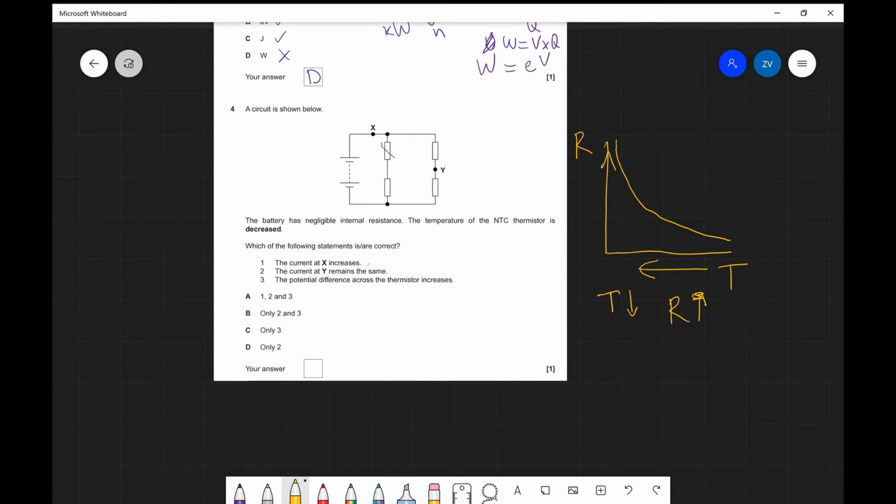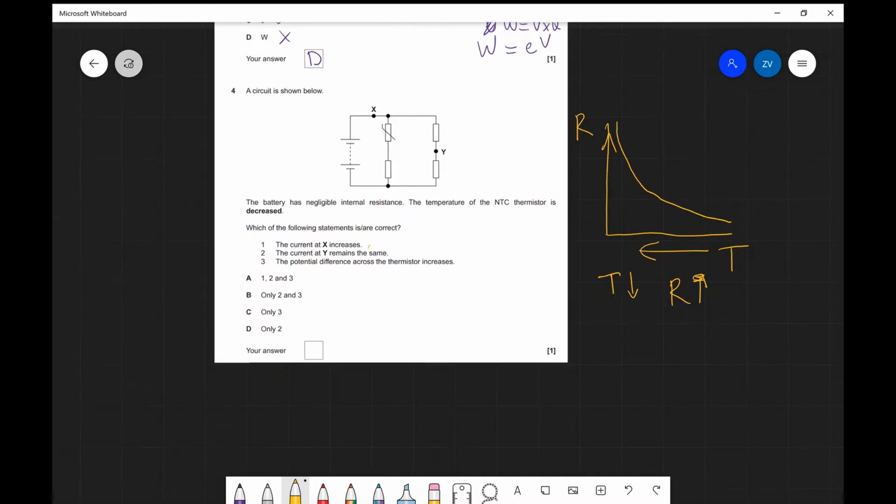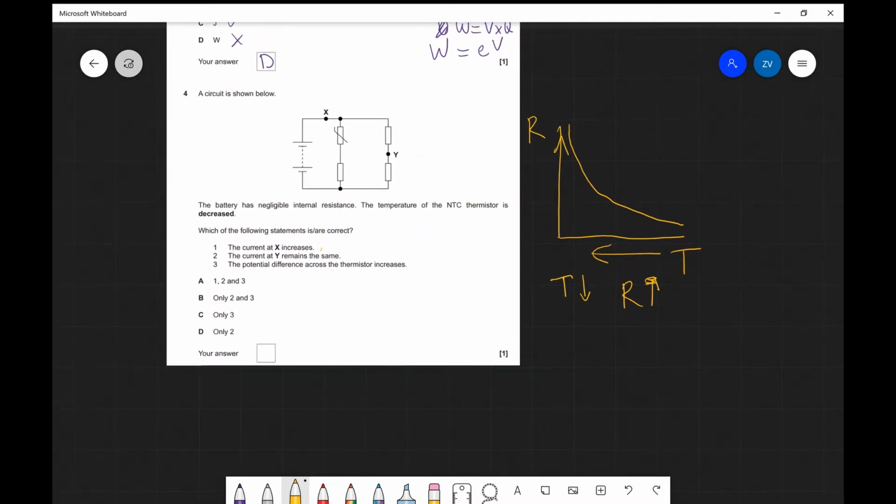Okay, let's go through all of them. The current at X increases. Well, let's have a think about what's happening to the resistance as a whole in the circuit. Because the temperature is decreasing, the resistance of the thermistor is increasing, which means that the total resistance in the circuit will be increasing.